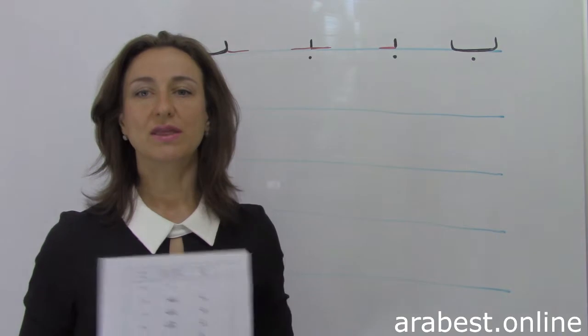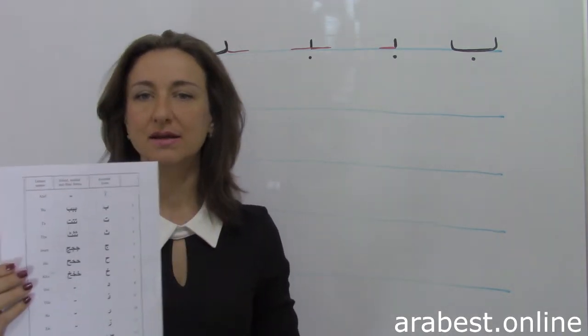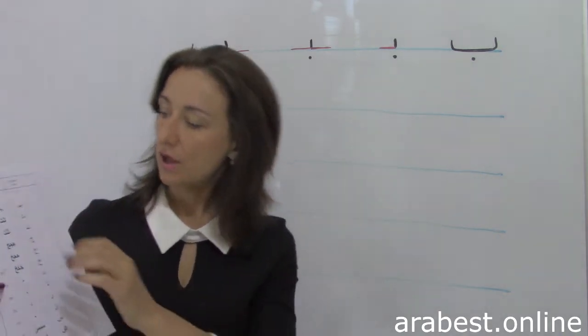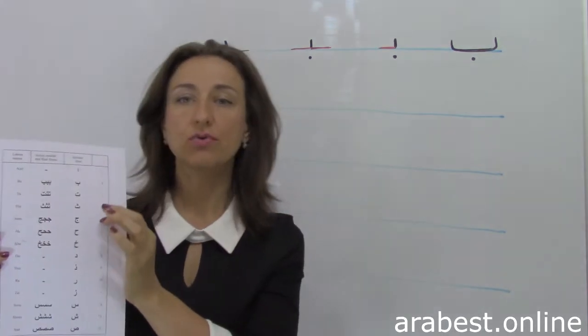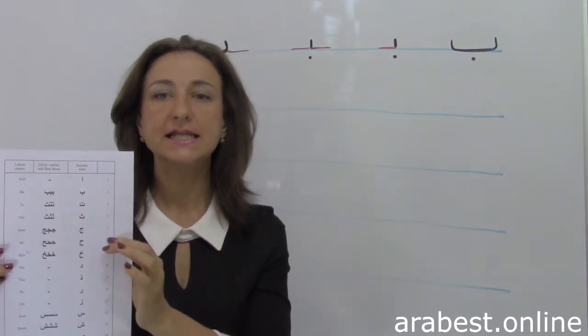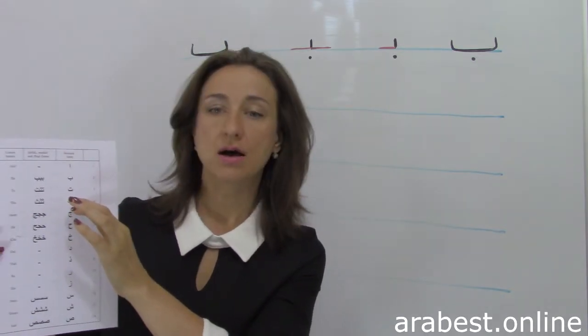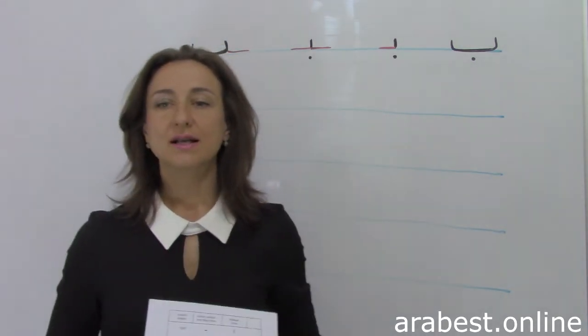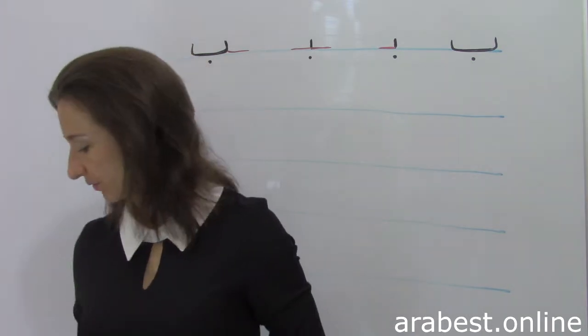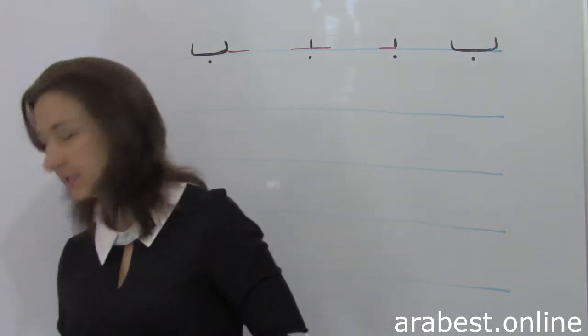Please have a look at the appendix and pay attention to the third and fourth letters. These are letters ta and tha. Letter ta looks almost the same as letter ba.